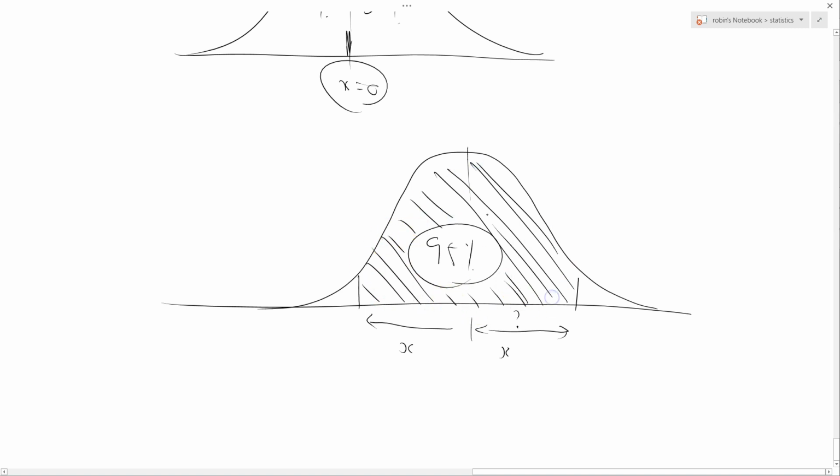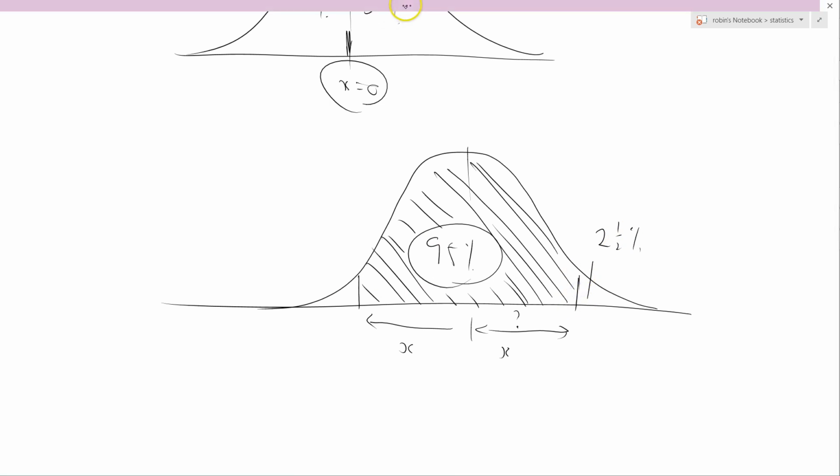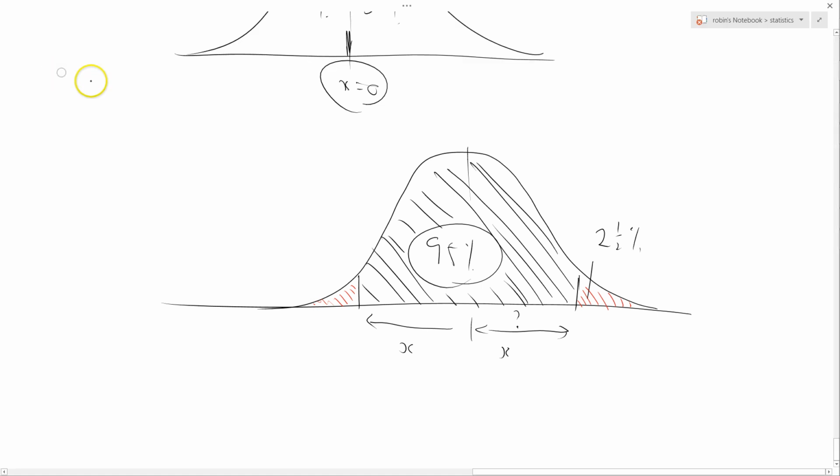There it is. So if that's 95%, what's left? Well, 5% is left. And that splits into 2.5% on this little region here. I should use a different colour. I'm going to use red. There he is. 2.5% there. And 2.5% here as well. Go back to black.